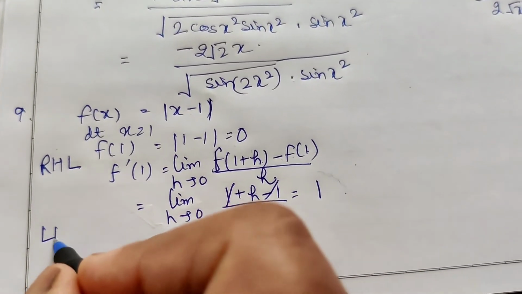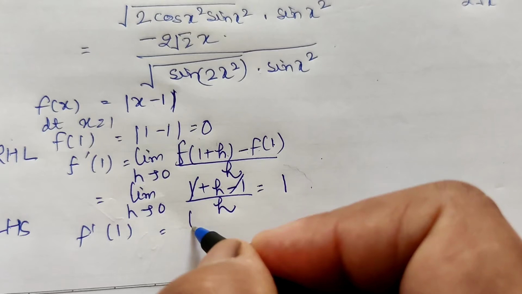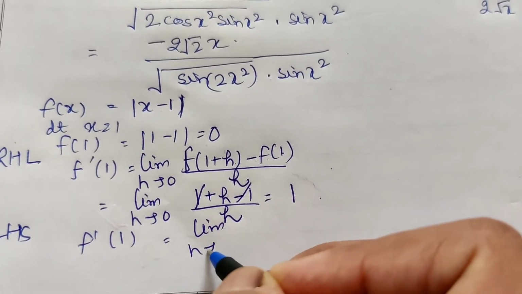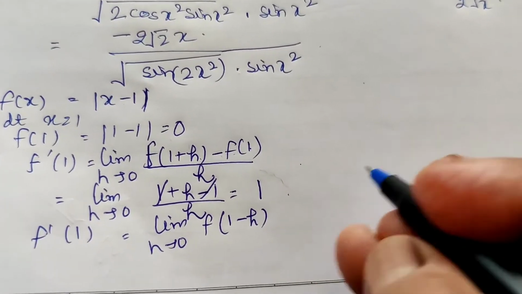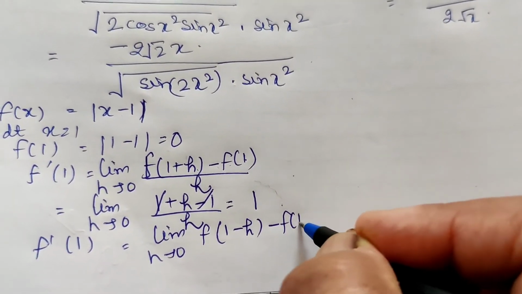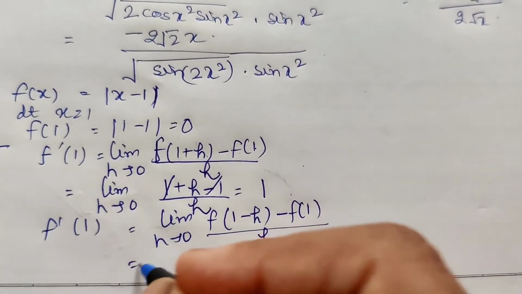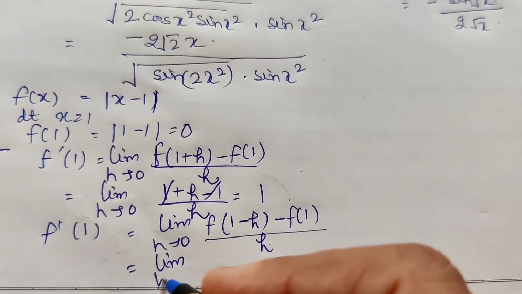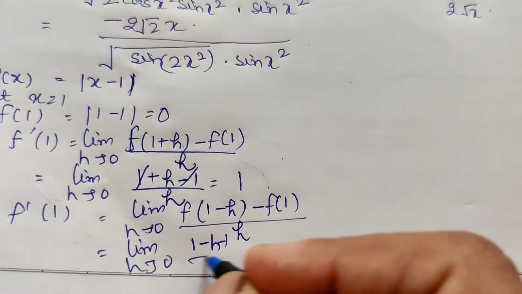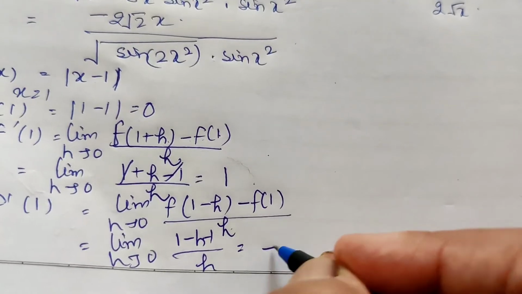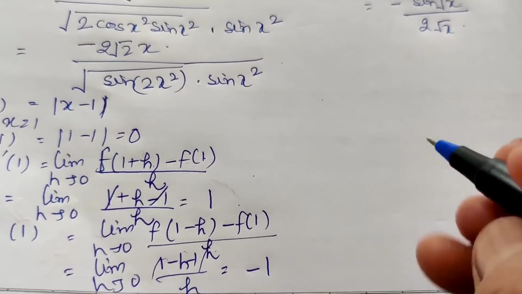Now left hand limit. Limit h tends to 0 of the function 1 minus h minus function at the value 1, by h. 1 minus h minus 1 by h, 1 cancels, it is equal to minus 1.